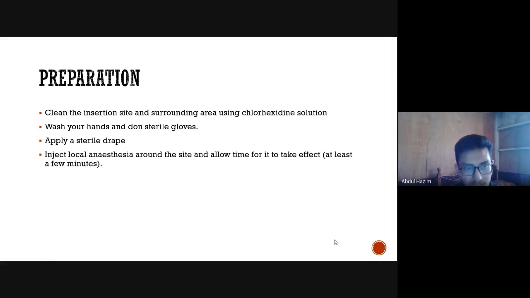Then we should clean the insertion site and surrounding area using chlorhexidine solution, wash our hands and don sterile gloves. We should apply a sterile drape over the puncture site with an opening over the puncture site. And we should inject local anesthesia around the site and allow time for it to take effect, at least a few minutes.